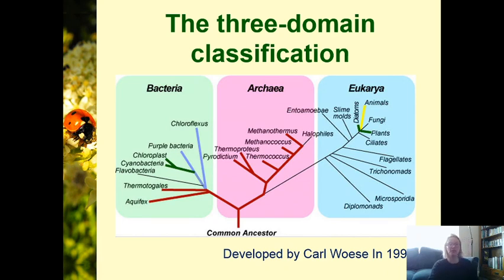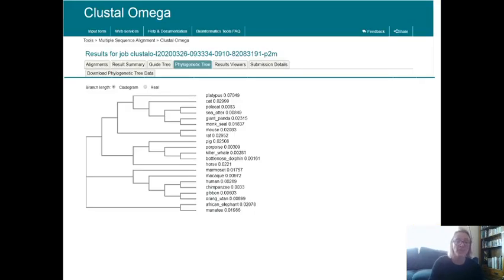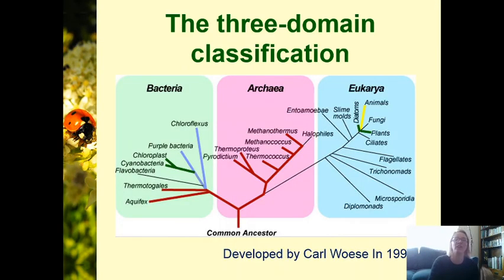Good. So now we're going to talk about the three-domain system, which was based on DNA data, or actually RNA data. They compared RNA, and they used to think that archaea and bacteria were really similar to each other. So they just bunged them all together in the prokaryota, in the same kingdom. But then they found out through looking at this RNA evidence that the archaea were fundamentally different to the bacteria.